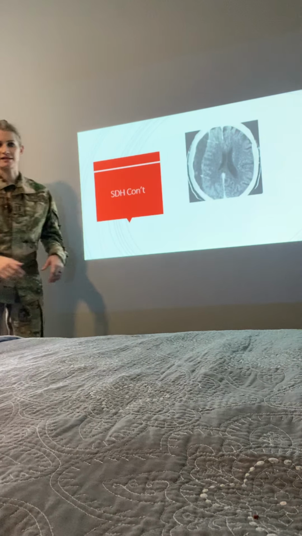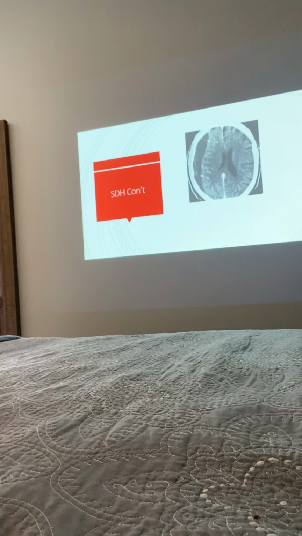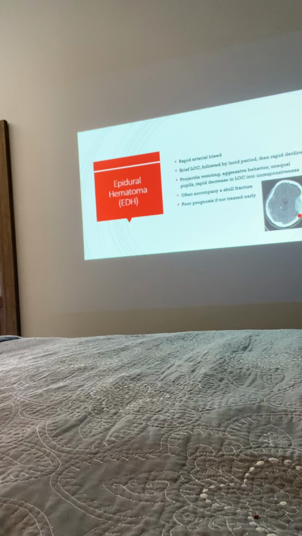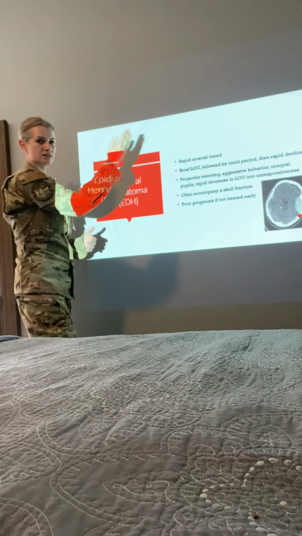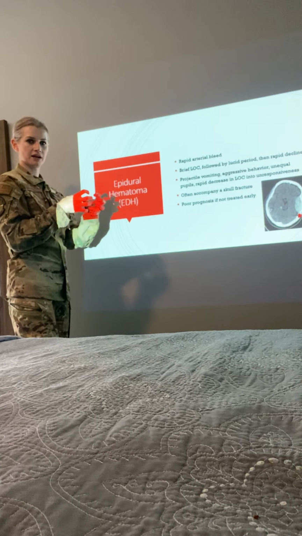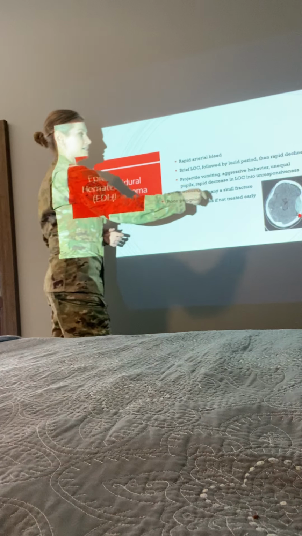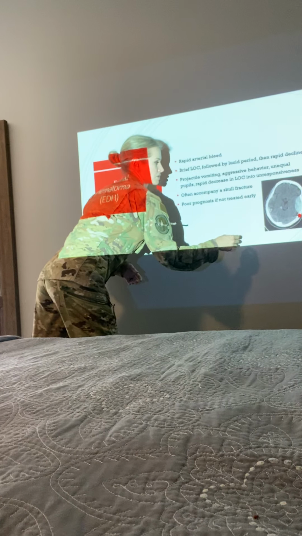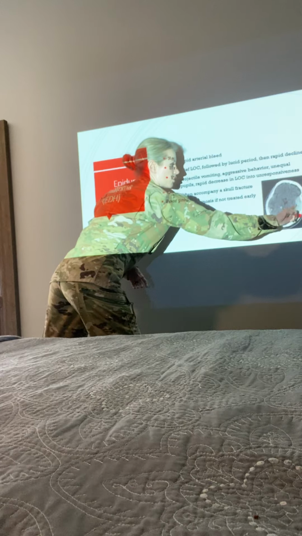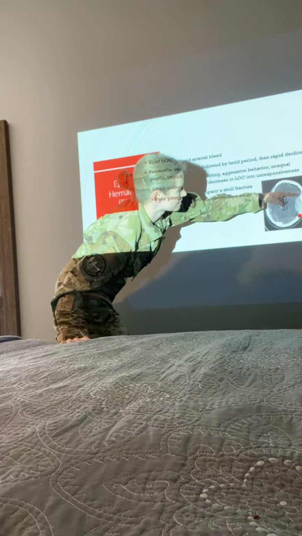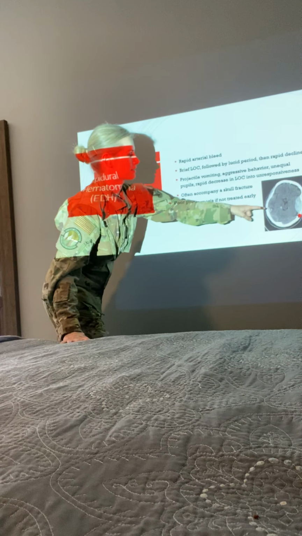This is when they've had a mass effect, and they're no longer compensating. Remember how I said where it's dark it's kind of coagulated in there. On this one, you can see this person has multiple bleeds, but right here you can also see where the skull is impacted.